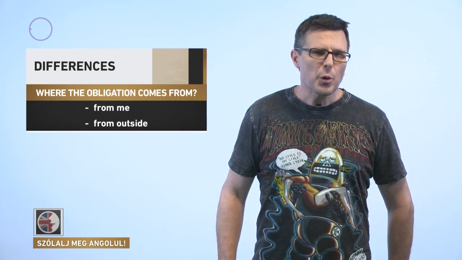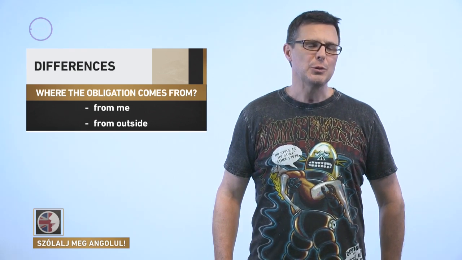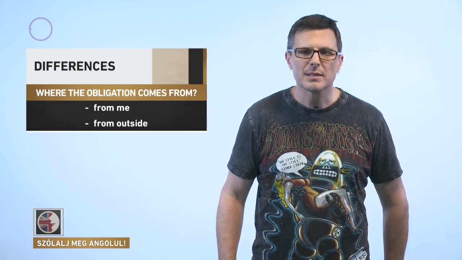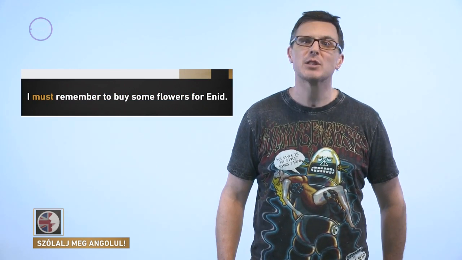So, if I'm talking about something I need to do, then I normally use must. I must remember to buy some flowers for Enid. If I'm talking about something that I need to do as a result of a law or a rule, then I normally use have to.